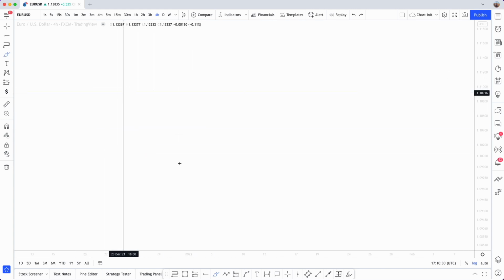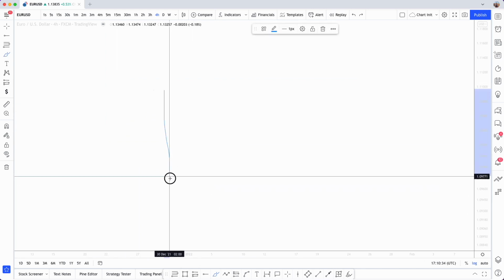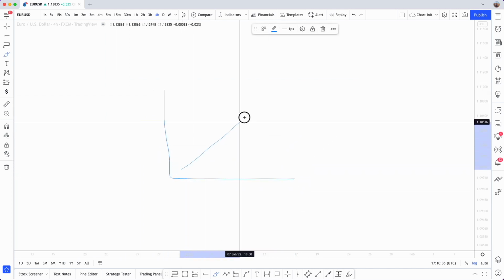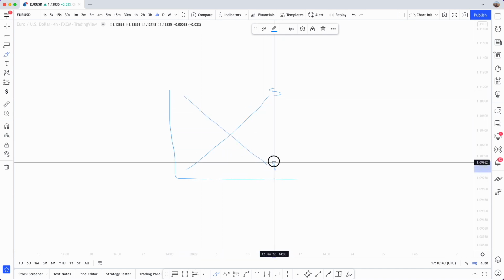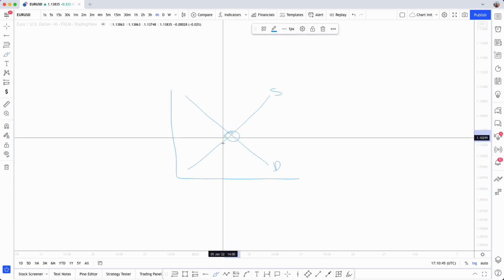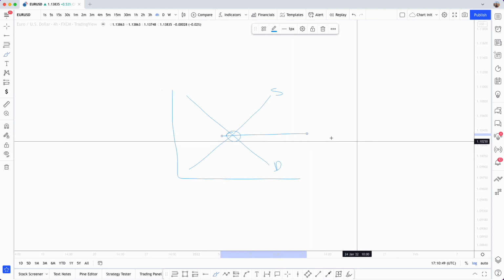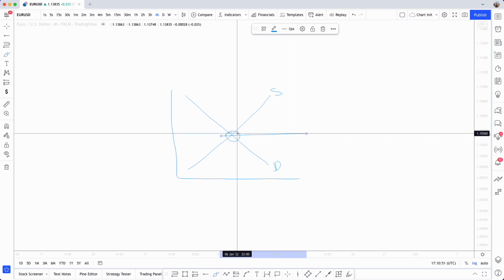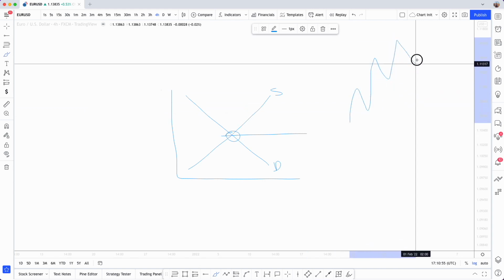So to understand this to a better degree, for example, say we have a graph, we have supply here and we have demand here. Say we have that in the middle, that is our equilibrium. So that is where price is moving efficiently. So with normal markets we have this.